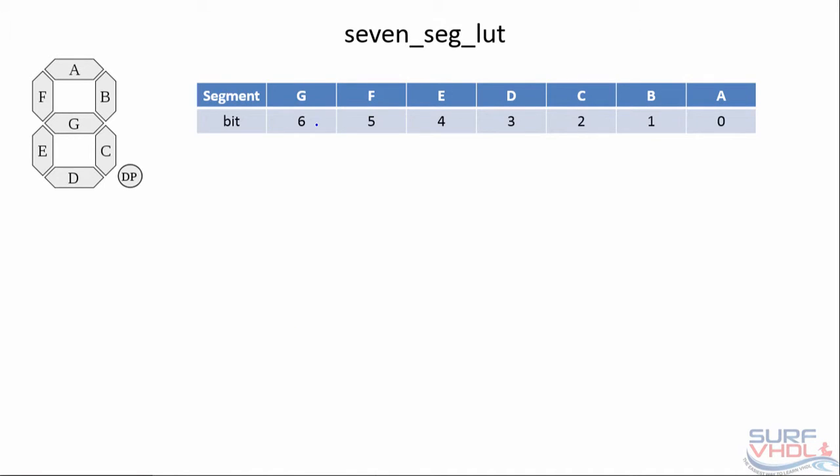The bits are mapped 6 down to 0. 6 is G, 5 is F, 4 is E, and so on, down to A, which is equal to 0.